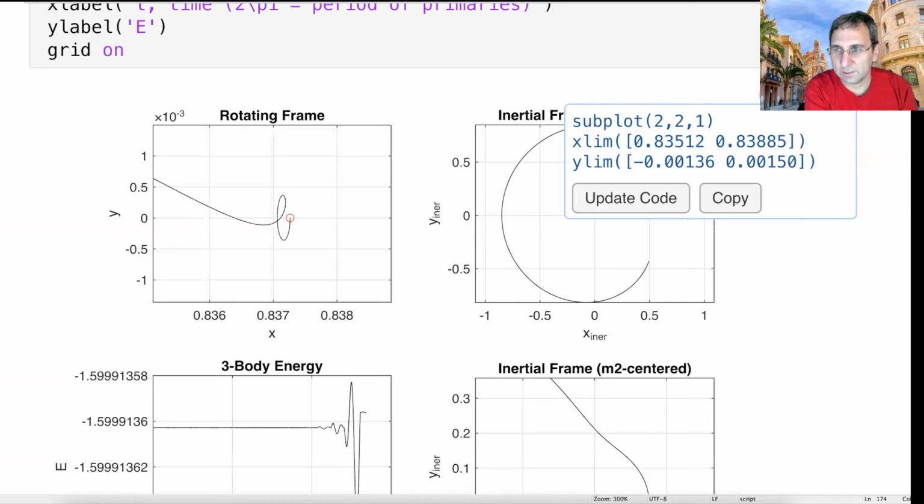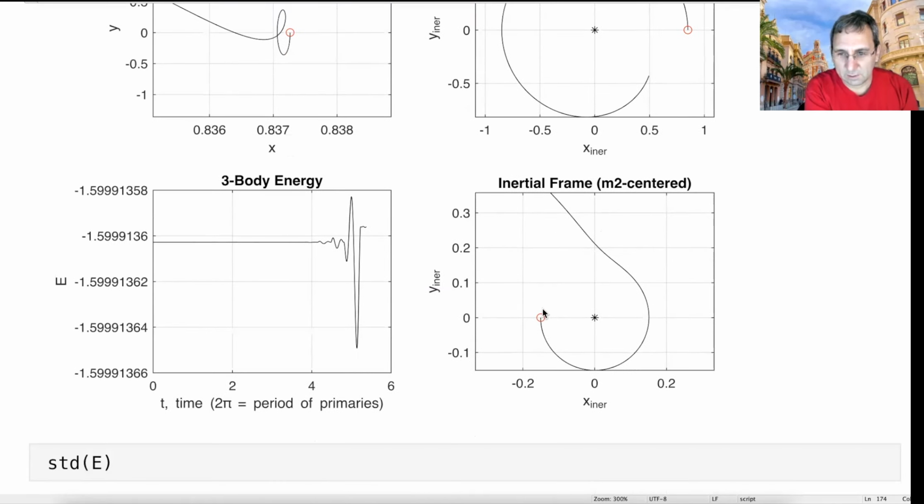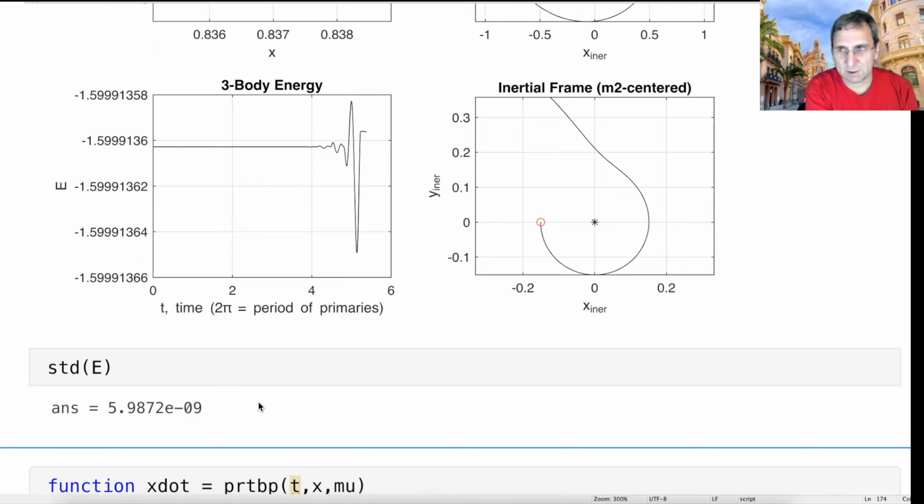And oh well. And now you can see what's happening in the inertial frame. It's sort of gotten away from the L1 point, and it looks like it's starting to be on an orbit around the Earth. If we viewed it as an orbit around the moon, it doesn't really make much sense. And the energy behavior is still pretty good.